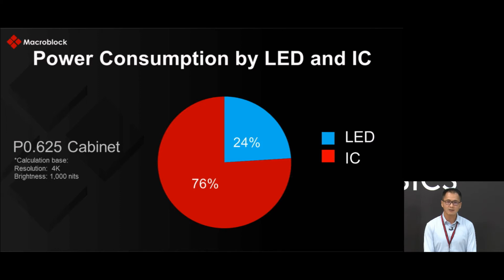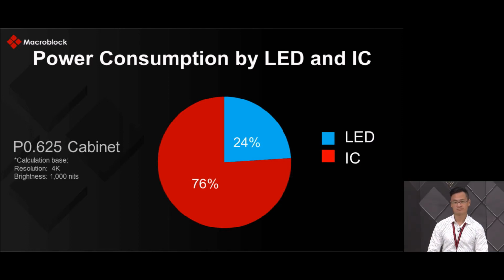This pie chart shows IC drivers consume power up to 76%, and LED just consumes around 24%. So here we realize the power consumption issue for IC drivers has already become an important matter when pixel pitch is less than 1 mm. Okay, that makes sense to me now.